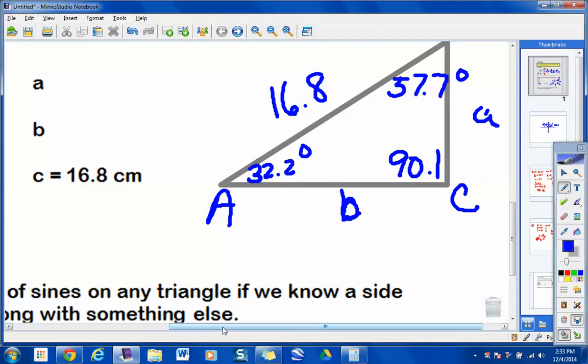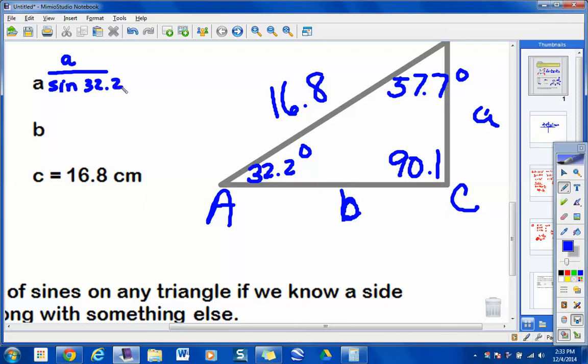So let's find A first. I'm going to say the length of a is to the sine of angle A. Do we know what angle A is? Yeah. What is it? 32.2. So I'm going to put the sine of 32.2 down here.